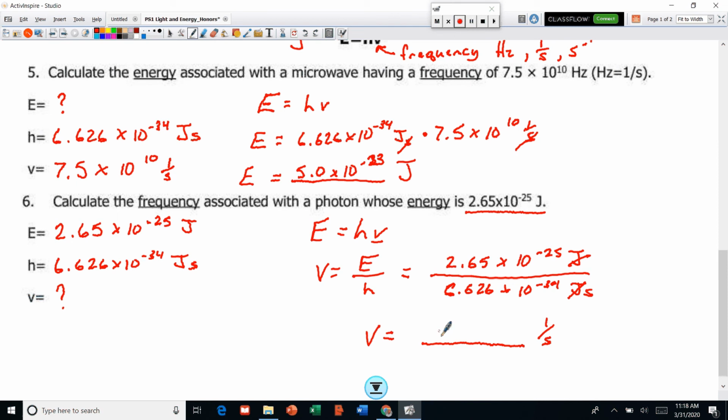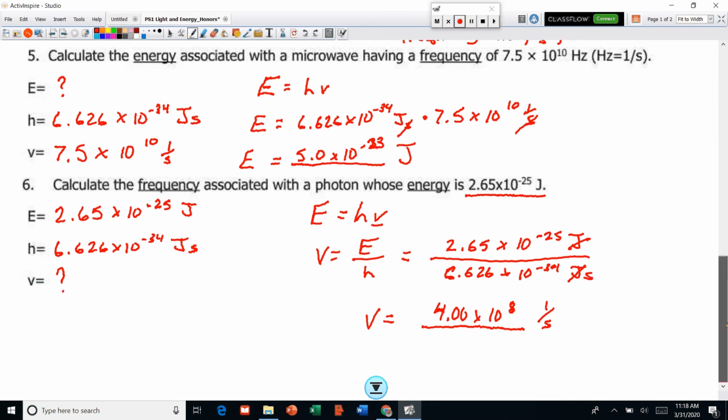So actually this is going to become 4.00 times 10 to the 8th 1/seconds. Now let me double check my math, make sure I punched in the right numbers. Yes, 3.999 times 10 to the 8th, which is 4.00 times 10 to the 8th.